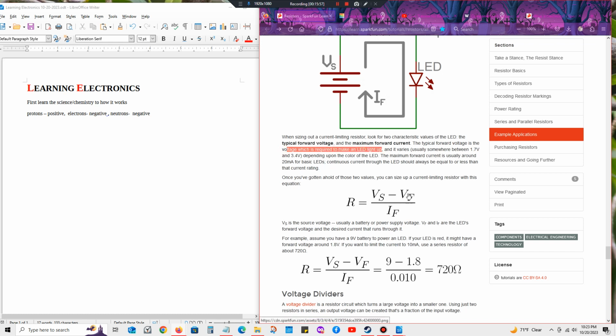My bad. So this is what makes the LED light up, 1.8 volts. And you have a 9-volt battery. So you're subtracting that from the 9-volt battery, right? And then you're dividing it by the IF, which is the current forward.